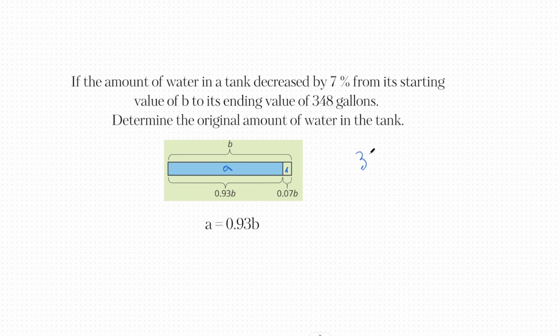So to solve this, I know that A is going to be 348. So 348 is going to equal 0.93B. And then to solve for B, I'm going to divide both sides by 0.93.